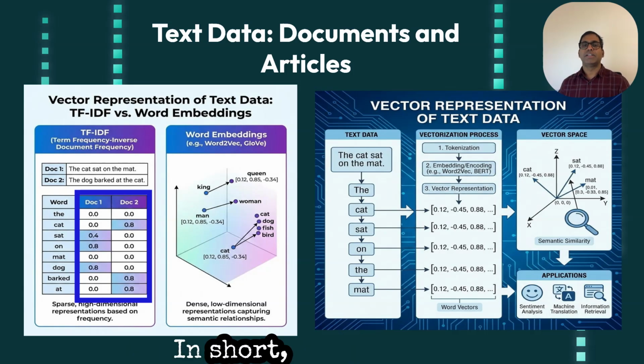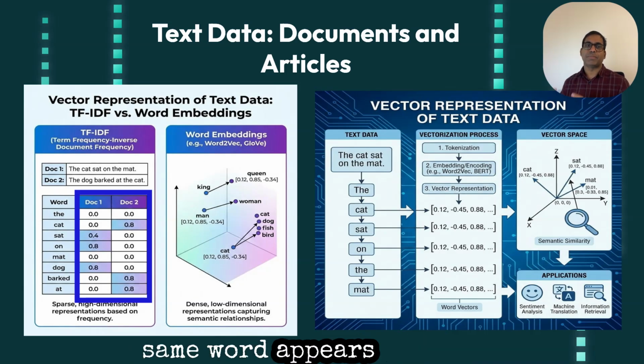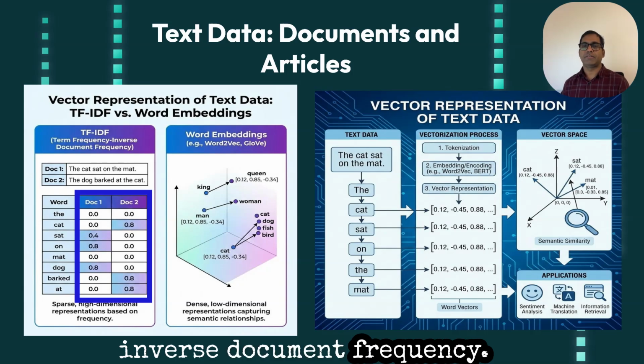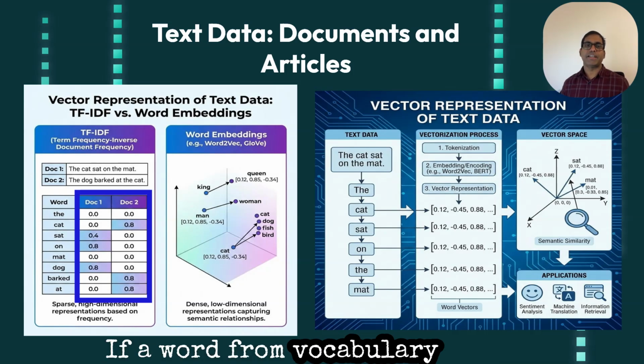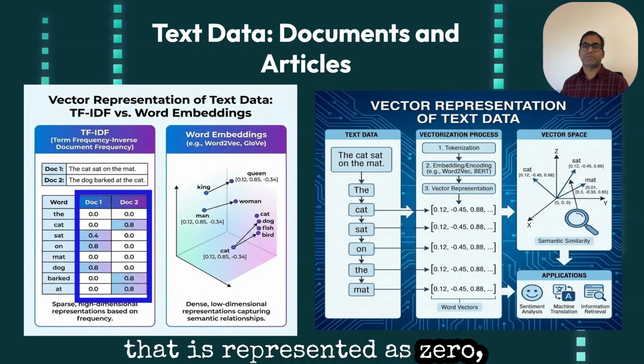In short, TF-IDF. It preserves statistical properties of word counts, weighted inversely if the same word appears across many documents, called inverse document frequency. If a word from vocabulary is not present in a document, that is represented as 0.